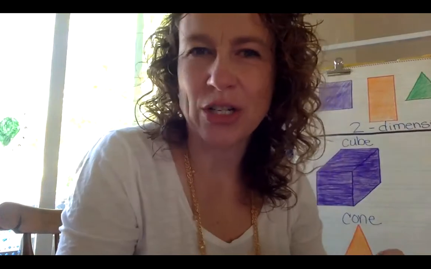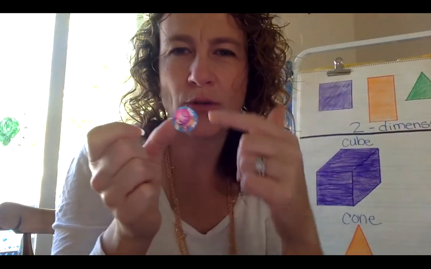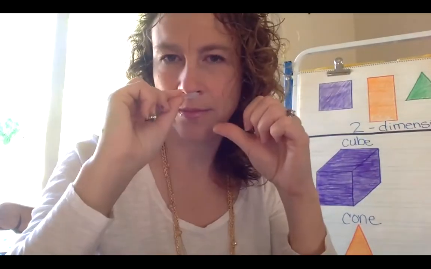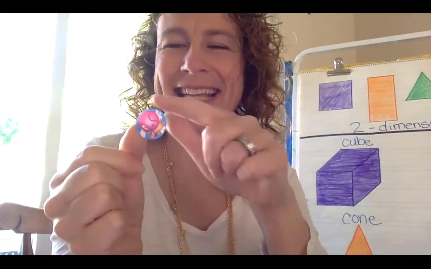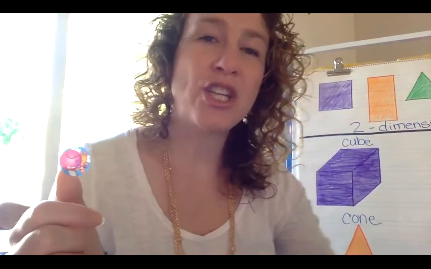We can do the same with the circle. Remember how you told me that the circle has a curve all the way around? Remember these stickers? This one's bubble gum. This is a flat circle, this sticker. But this shape that looks similar on paper has no sides, no vertices.